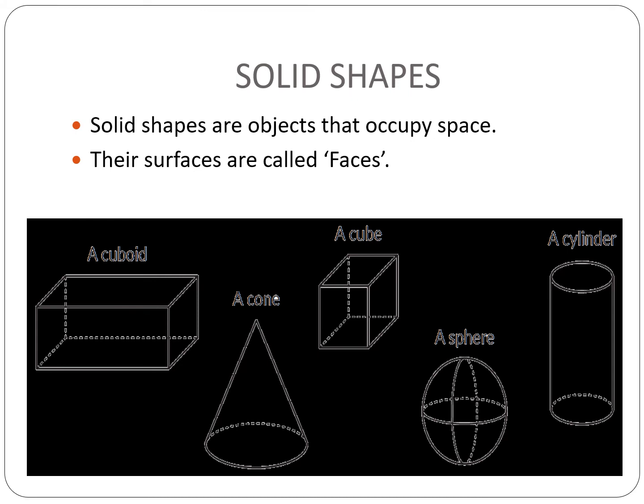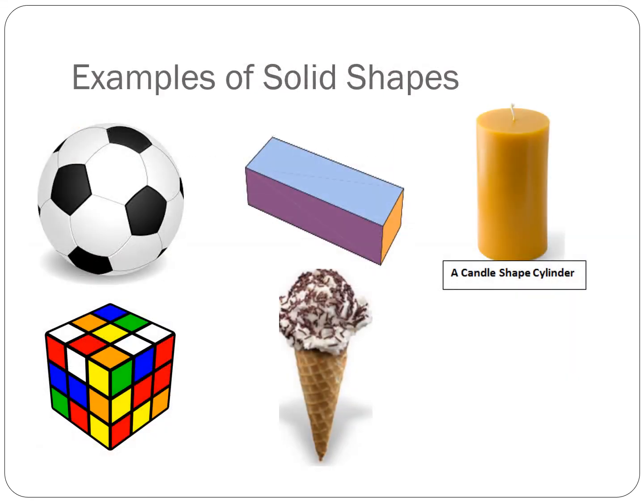It has 6 faces which are equal squares. The fourth one is a sphere. A sphere has neither any edges nor corners. The last one is a cylinder. It has 3 faces.